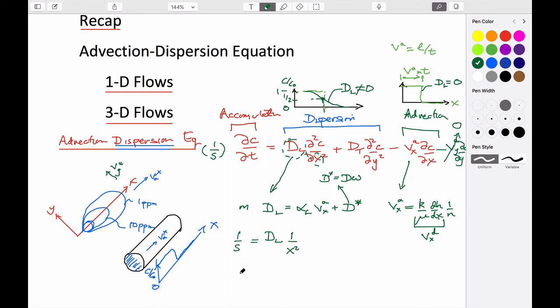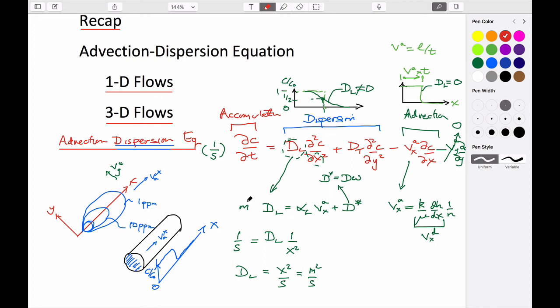So that implies that the units of this have to be length squared over seconds, just by rearranging this equation. And indeed, that's exactly what it is. It's in meters squared per second. And so this is in meters squared per second.